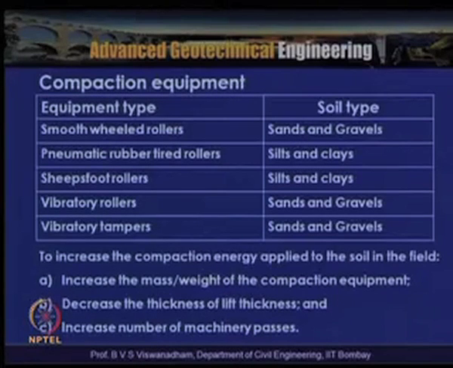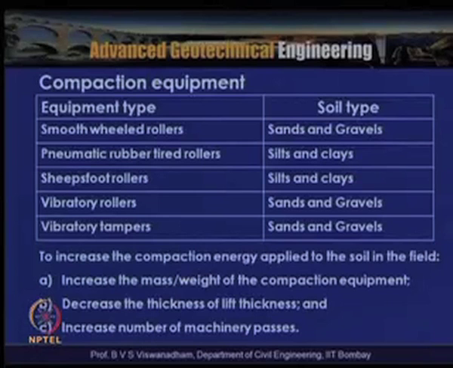In summary, smooth wheel rollers, as we have seen, are used basically for sands and gravels; pneumatic rubber tired rollers for silts and clays; sheep's foot rollers basically for silts, clays and fine-grained soils; vibratory rollers especially for sandy and gravel soils; and vibratory tampers also for sands and gravels. To increase the compaction energy applied to the soil in the field, increase the mass or weight of the compaction equipment, or decrease the lift thickness.